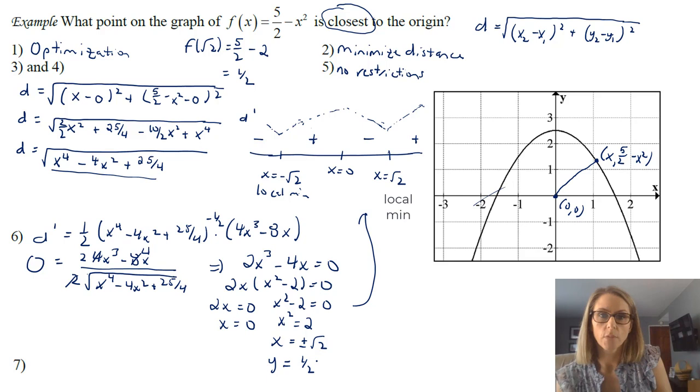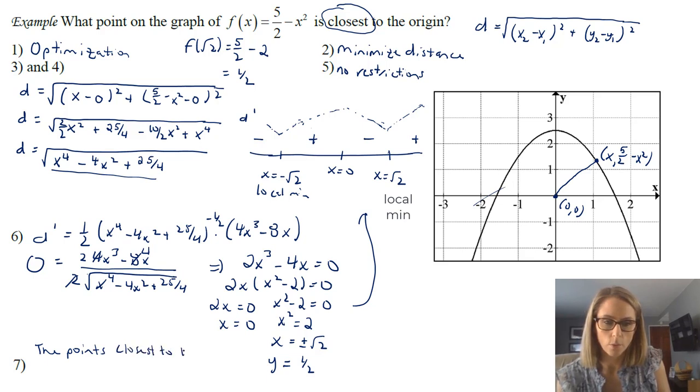So to answer the question, the points closest to the origin are root 2, 1/2 and negative root 2, 1/2.